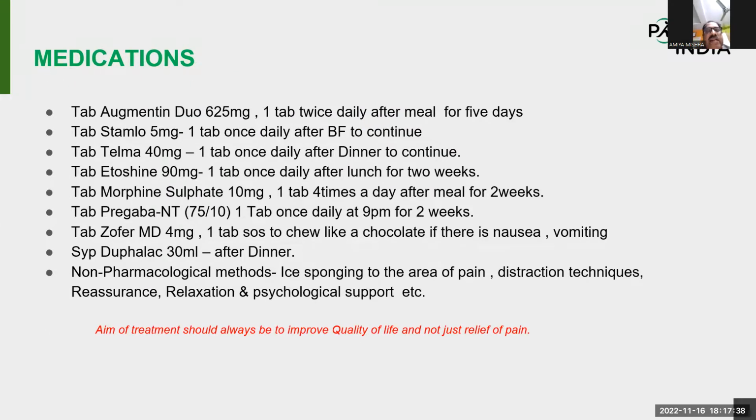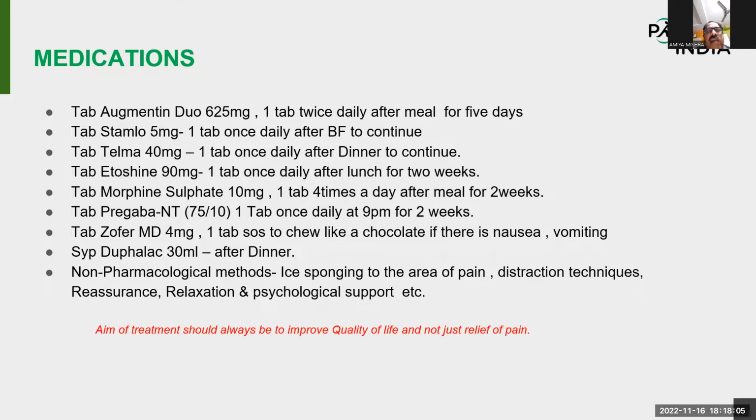Coming to the medications, as the patient was having inflammation of the wound, she was given Augmentin DUO 625 milligram, 1 tablet twice daily after meals for 5 days, and her usual routine medication, the Stamlo and Telma 40. Tablet Etocyne, that is etoricoxib 90 milligram, 1 tablet was given daily for 2 weeks.